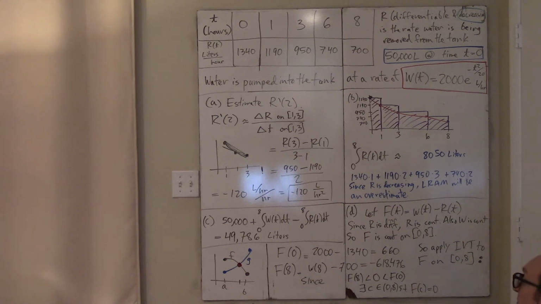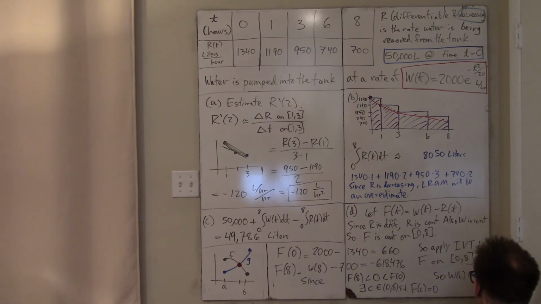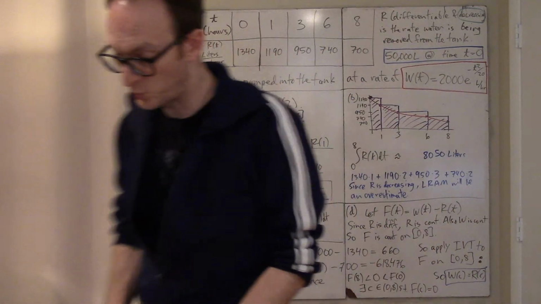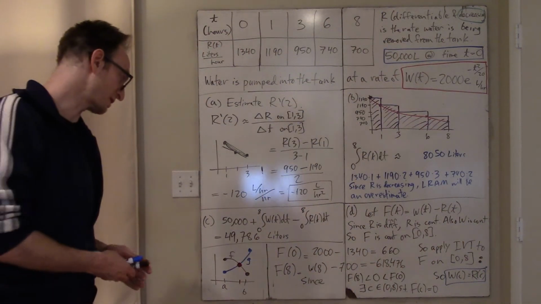But if f of c is 0, then based on our definition of f, that means w of c minus r of c is 0. So w of c equals r of c. And thus we have proven that there is a place where the w function and the r function are equal by applying the intermediate value theorem to the difference of those two functions.